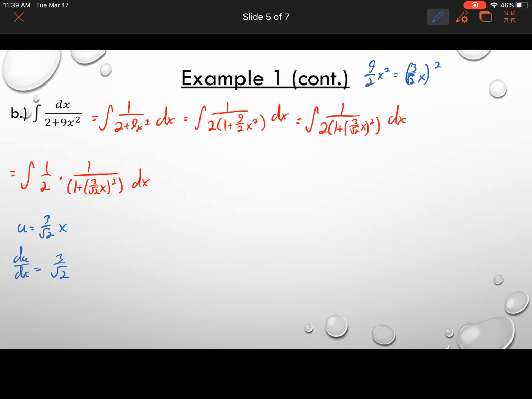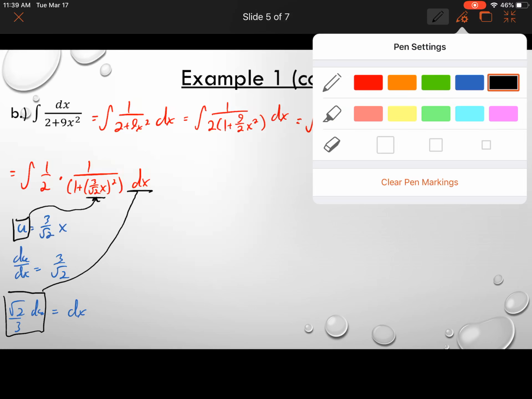Now we solve this in terms of dx. So radical 2 over 3 du is equal to dx. Now we make our substitutions. We put this u in for 3 over radical 2 x, and we put this radical 2 over 3 du for dx.